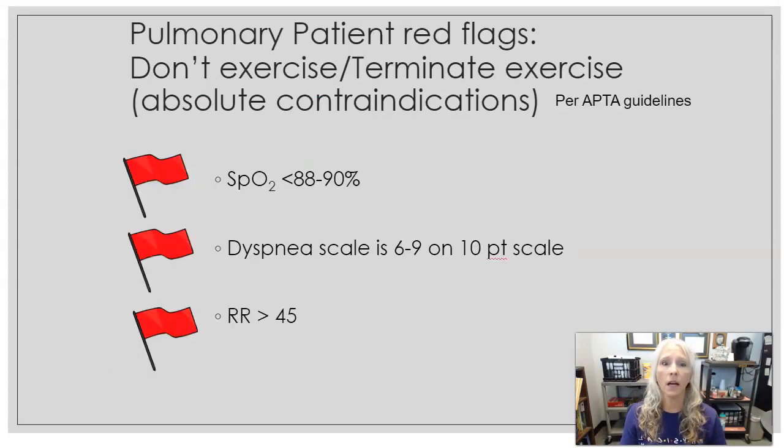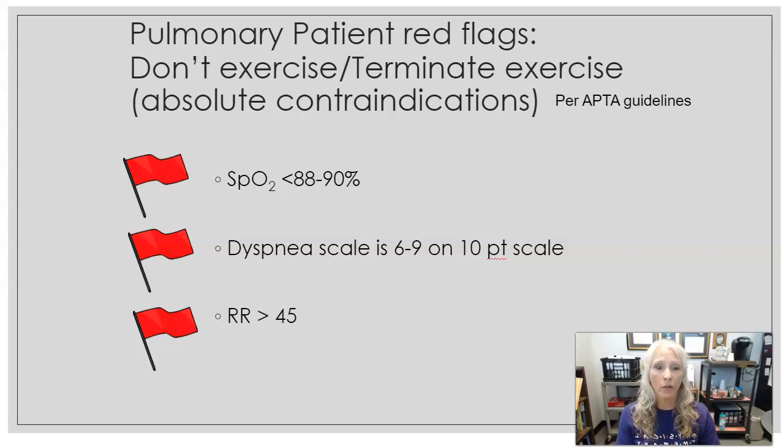Red flags for your pulmonary patients, according to the American Physical Therapy Association, would be drops below 88 to 90%. They give a little bit more leeway with these patients that are on supplemental oxygen. Typically below 90 is what we would consider a red flag. But with your pulmonary patients, they desaturate so easily and with very little exertion that we don't want to get alarmed too quickly.